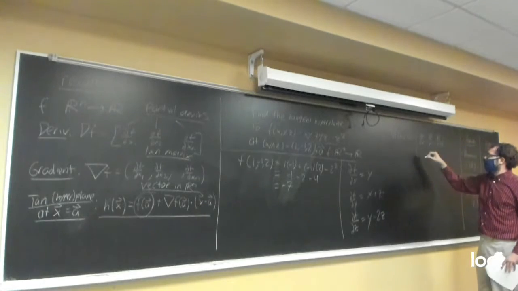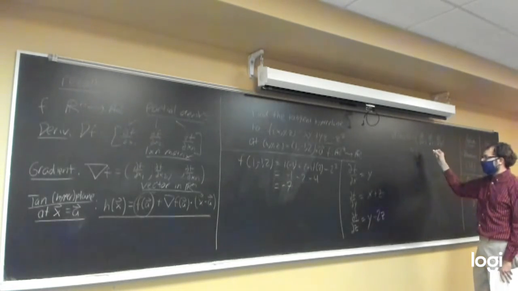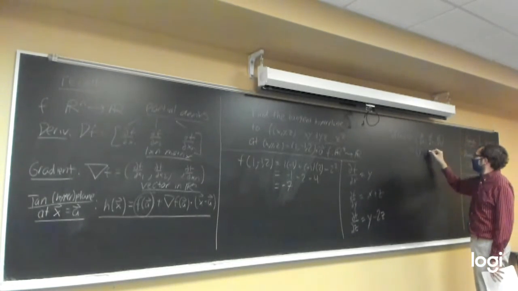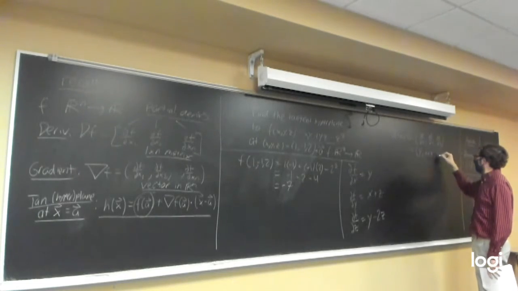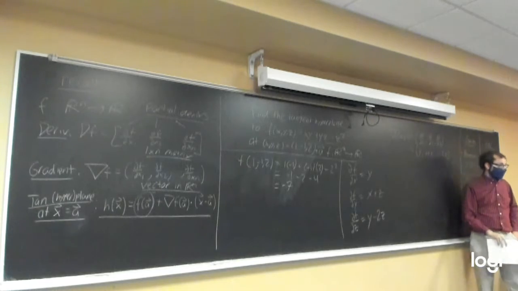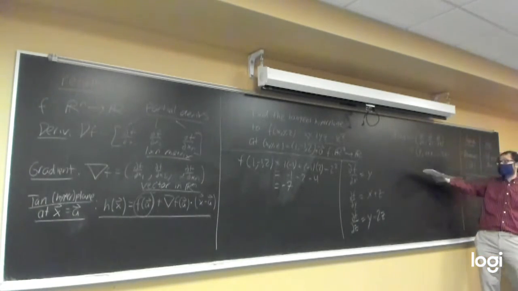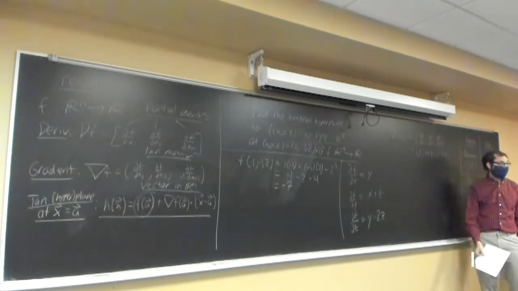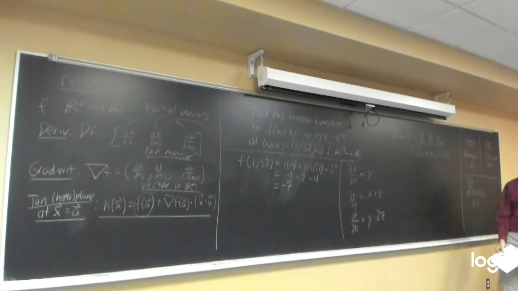That'll give us a three-dimensional vector whose components are y, x plus z, and y minus 2z, where each of the components is just going to be one of the partial derivatives we just found.